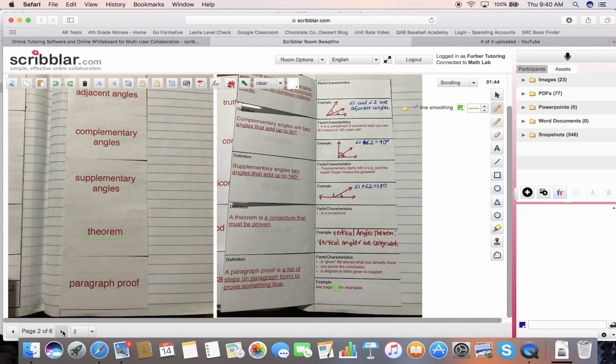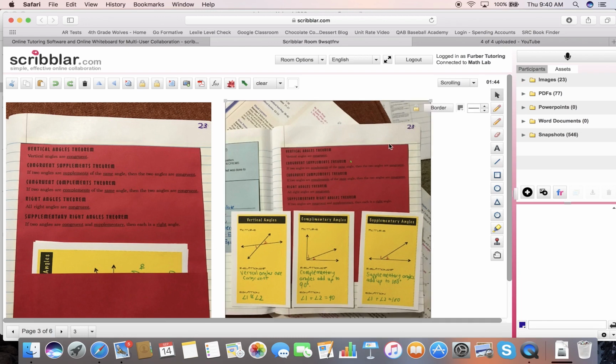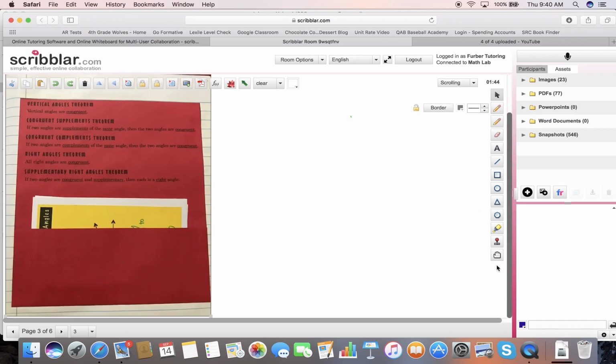So I kind of already showed you these pages, but I want to focus on them a little bit more. Let me see if I can blow that picture up a little bit without making it be too blurry.